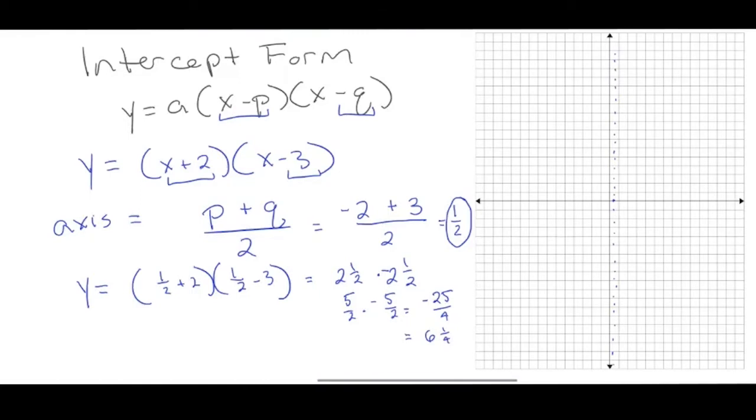So our vertex is 1/2 and negative 6 1/4. So I will go down along the axis of symmetry to negative 6 1/4.